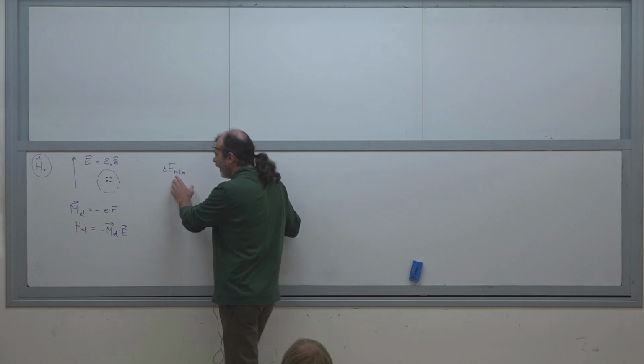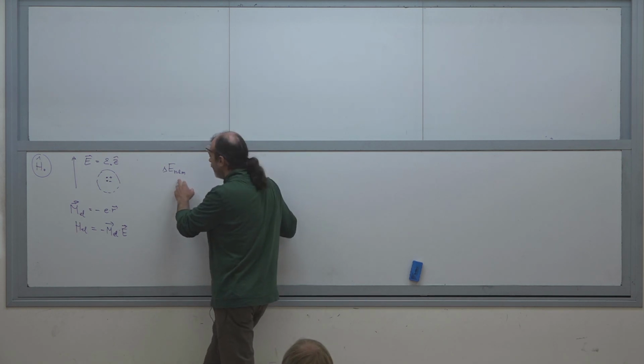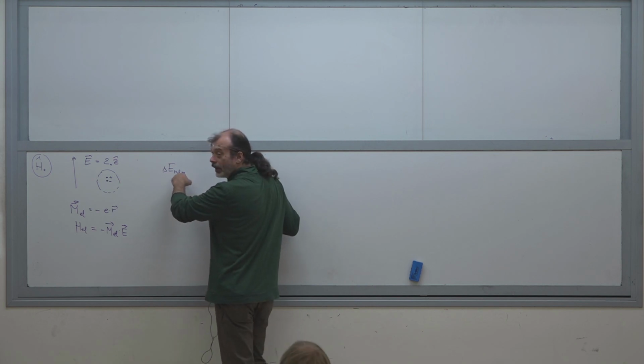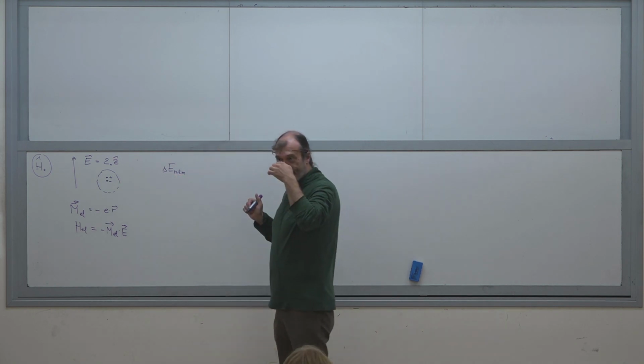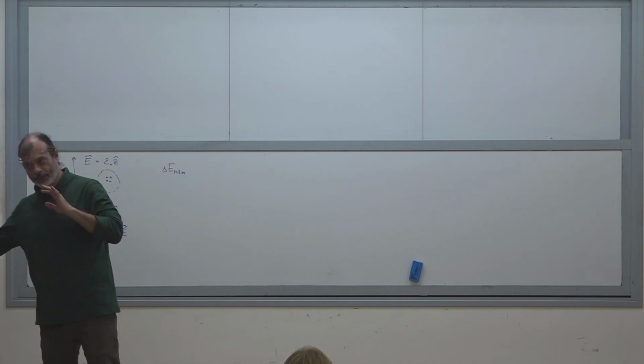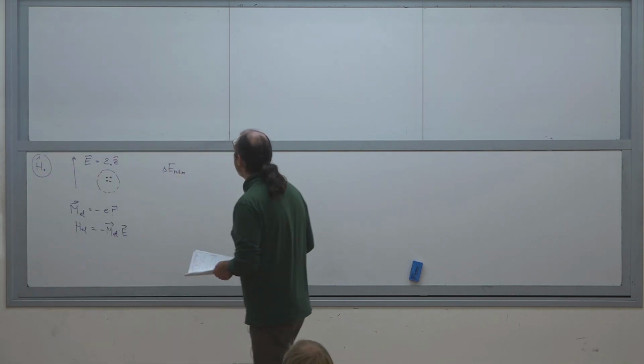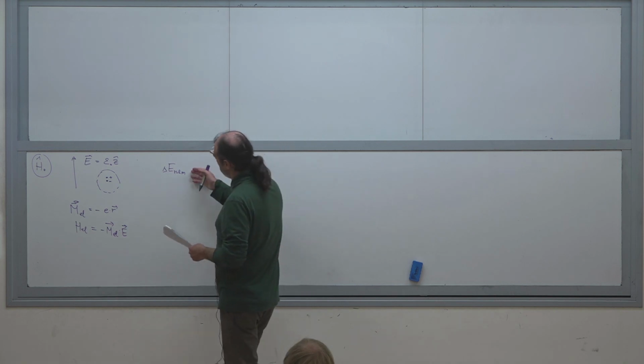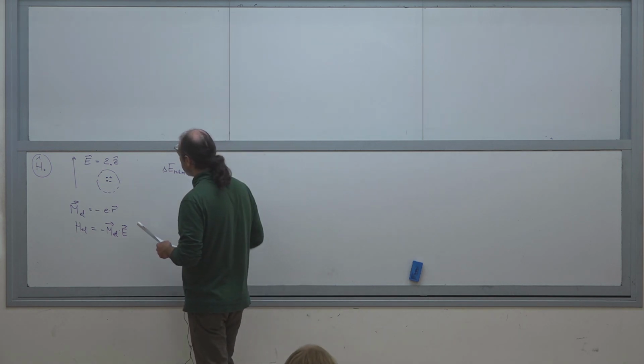Therefore, the energy levels now depend on the principal quantum number n, the angular momentum L, and M_L, the projection of angular momentum on the quantization axis. That's it. There is nothing else in the story.